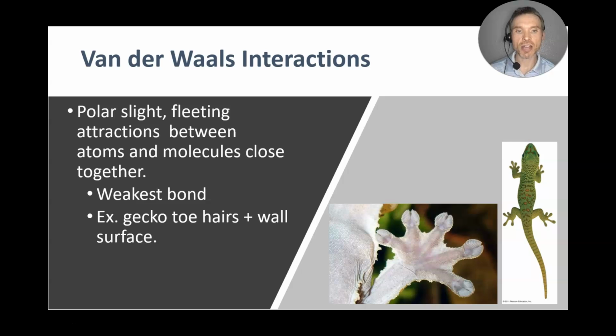The tiny little hairs on the surface of the foot of the gecko interact with the wall that it's walking upon. And it's these temporary interactions between the atoms that allow it to defy gravity. So similar to hydrogen bond interactions, these are very weak, but when you compound them together, they do add up to quite a lot.